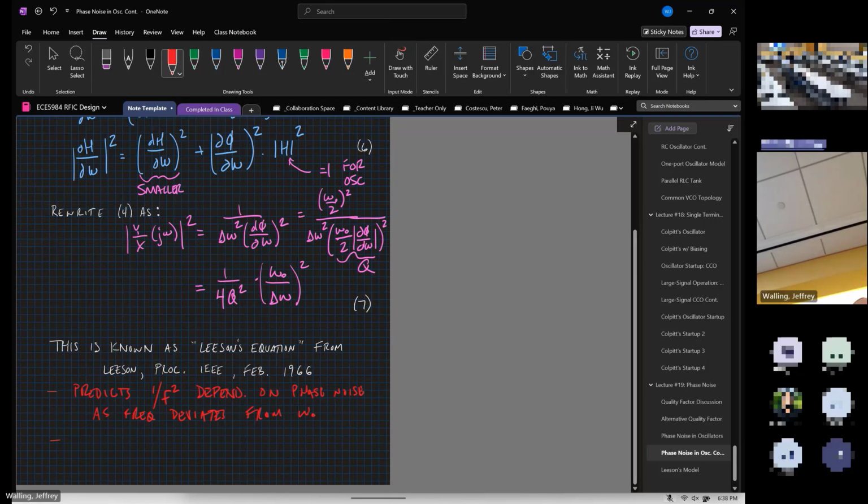Okay, now is that what we really see? No. In real life, the noise gets down to some point, and then we can't get it below the thermal noise floor.